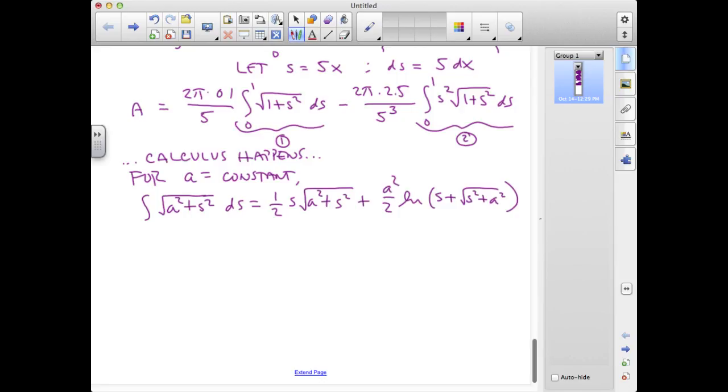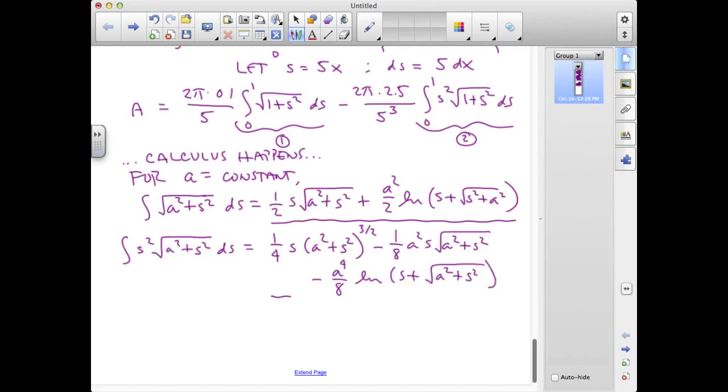So again, you can try differentiating this right-hand side with respect to s and verifying that you just get back the integrand. Similarly for this integral, the result looks like this. And if you're so inclined, you can differentiate this right-hand side and verify that in fact you get back the integrand.